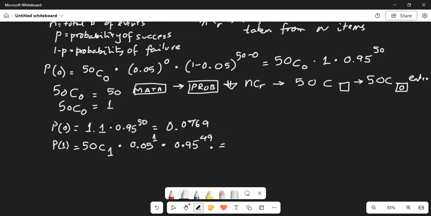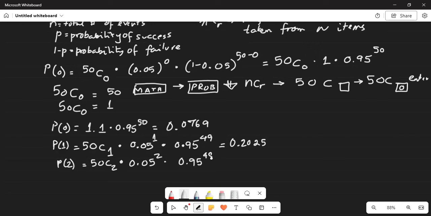So 50 multiplied by 0.05 multiplied by 0.95 to the power of 49, and that is equal to 0.20425.